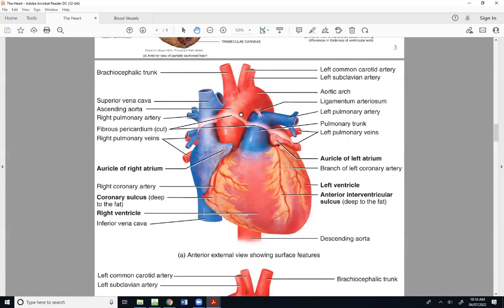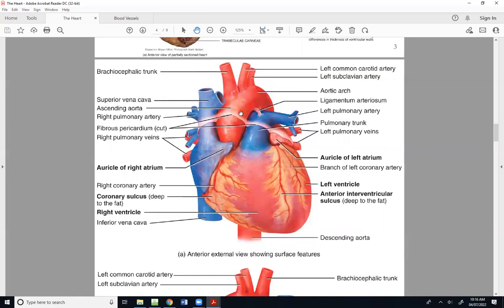So let's highlight the following. It's not going to be everything. I'll start here on the left side of the image, which actually will be the right side of the heart. Superior vena cava. Anytime you see aorta in this picture, just aorta is fine. So aorta here, aortic arch, just aorta is fine. Descending aorta is aorta, fine.